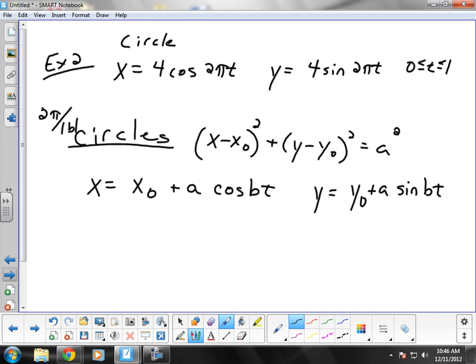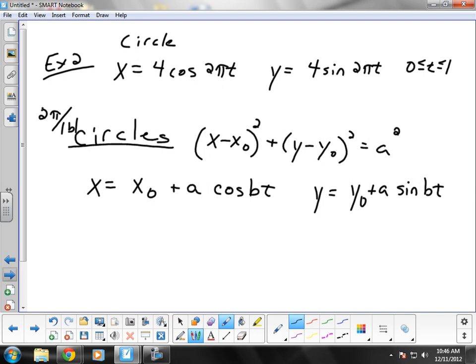So if I'm using sine and cosine, then it's always going to be 2 pi, because it takes 2 pi to get all the way through the entire circle. You see what I'm saying? Okay. If it was tangent, we could probably use 1 pi, right?